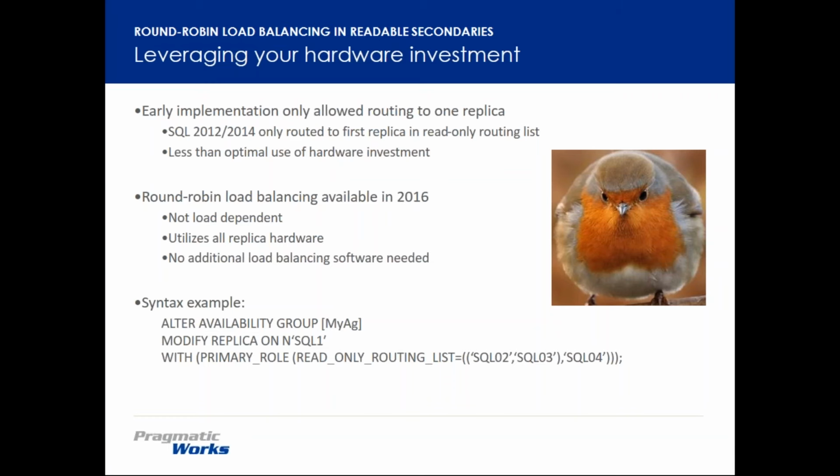And if you're not familiar with what those are, just a brief, like, 30-second crash course. Basically, you've got your primary. Once you set up your AlwaysOn AG, you establish replicas, and those can be in different modes, and that's kind of out of the scope of what we're talking about today. But one thing you could do is make those replicas readable, which allowed you to point read-only workloads at them.